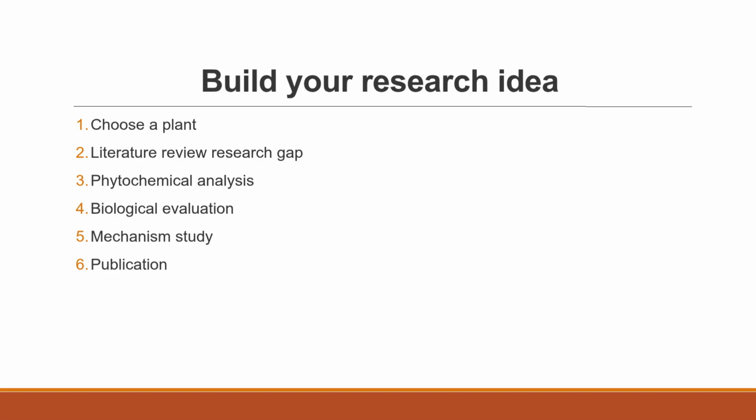Once you have identified the research gap, you can go for phytochemical analysis and biological evaluation, for example antioxidant, anti-inflammatory, etc. Then you need to know the mechanism of action, how that activity actually happens with the help of that particular plant. After all this, you can go with the publication. This is how you can create one research topic.